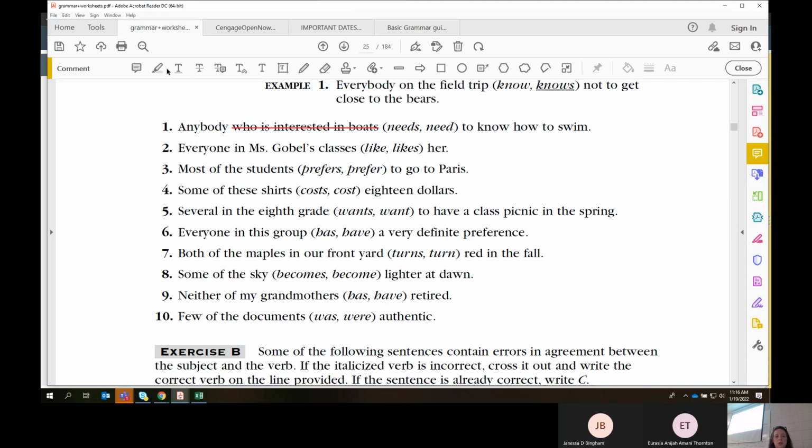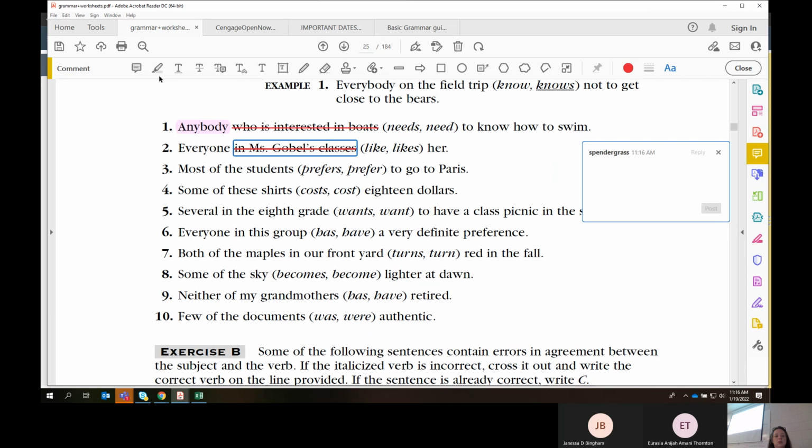Anybody, your subject, exactly, because if a word ends in one, body, or thing, it's singular. When you get to Miss Perkins and you're doing pronoun antecedent agreement, that's going to be serious. I'll tell you later about pronoun antecedent agreement. We aren't worried about that today. All right. Here, this is gone.